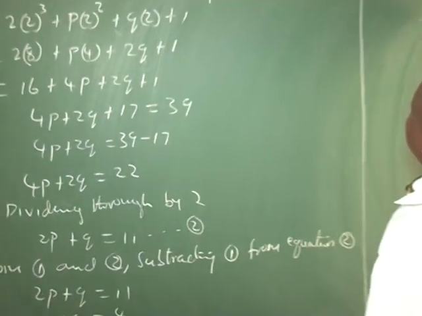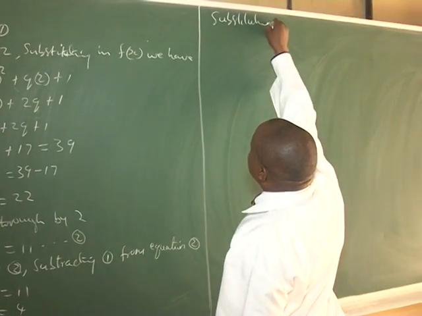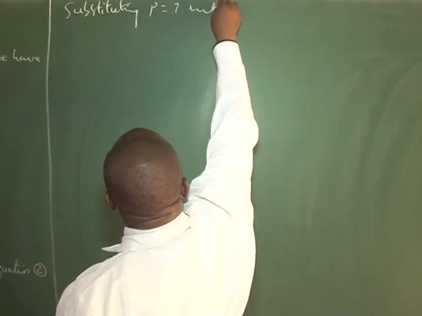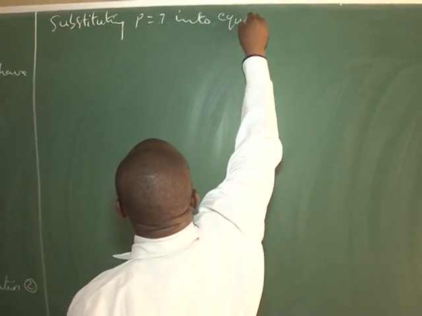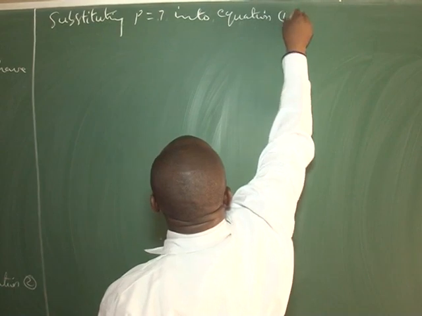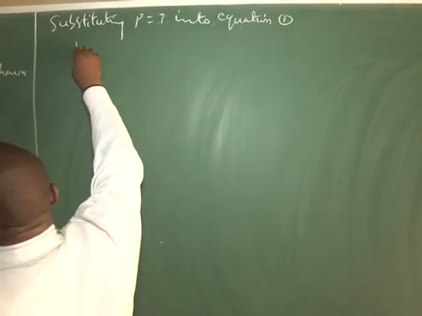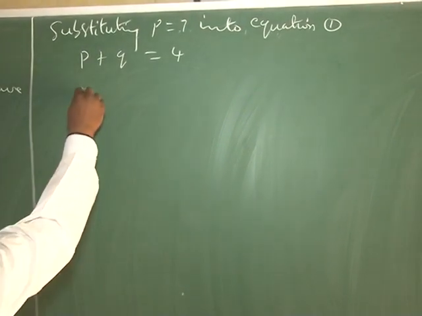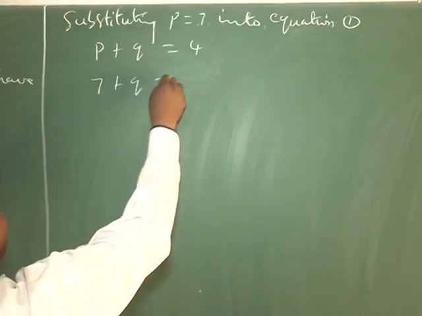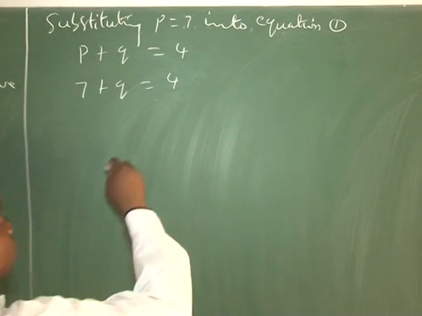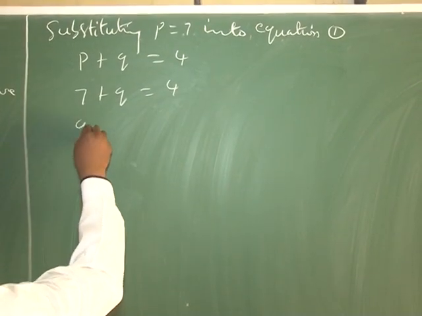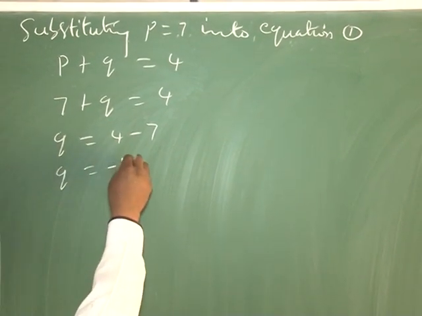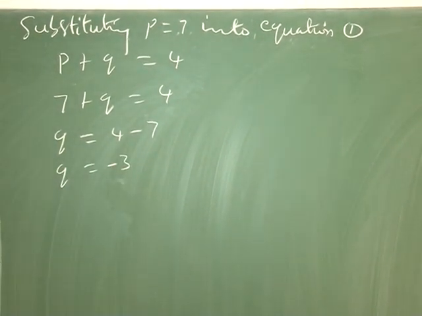Now, substituting p equals 7 into equation 1. Equation 1 is p plus q equal 4. Now p is 7, so we have 7 plus q equal 4, which means q equal 4 minus 7, so q equal minus 3.